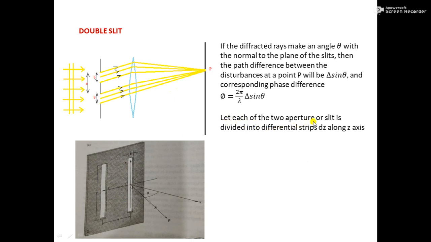Let the two apertures, or the slits, be divided into differential strips dz along the z axis, as we have considered this axis along the z axis.